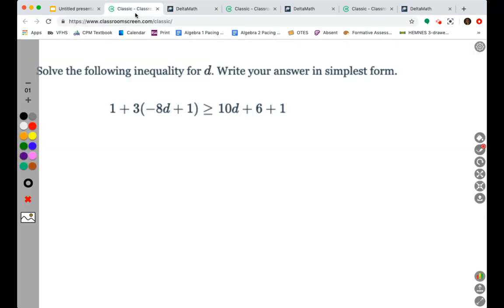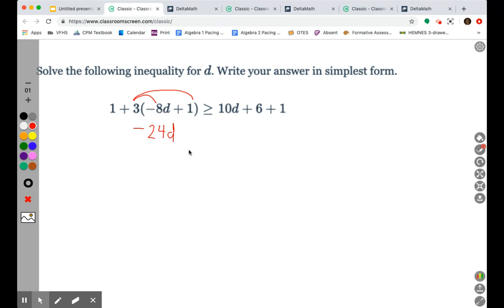So there's a couple extra steps on this one compared to last week's because we're going to be given parentheses, so we have to distribute. So first step every single time is to distribute. So I'm going to take this 3 and distribute it to my parentheses. I can do 3 times negative 8d to give me negative 24d.